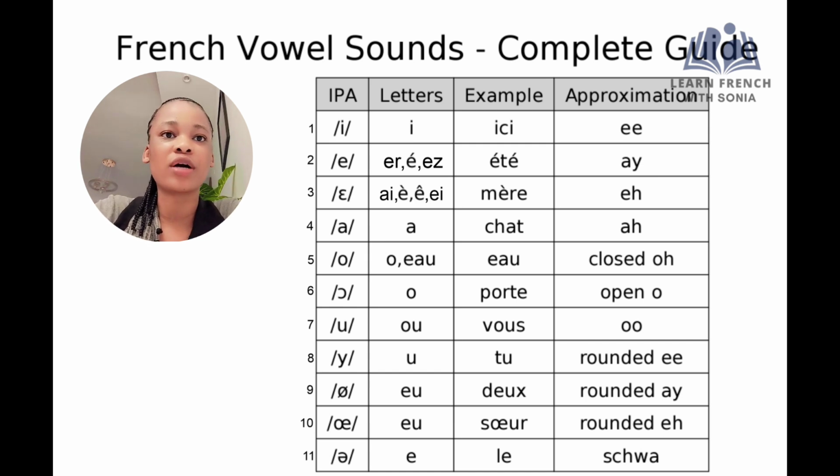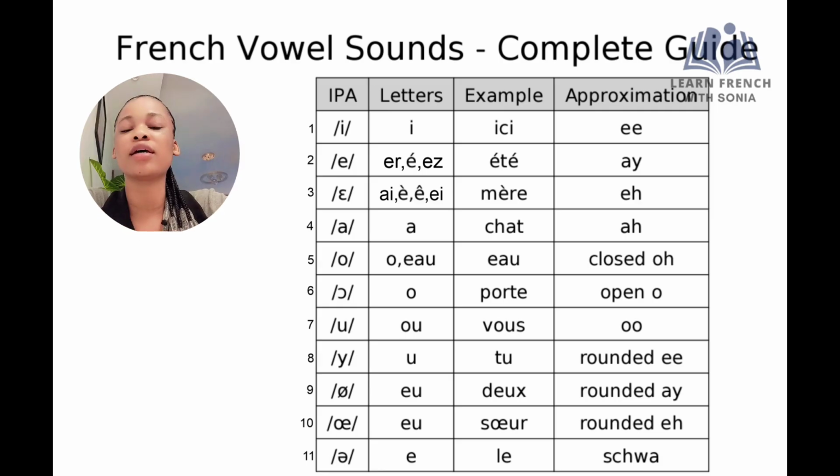It is pronounced A, and EZ is pronounced A as well. So anywhere you see accent aigu, or EZ in a word, know that it's pronounced A. Example, ete. Then the approximation says A.